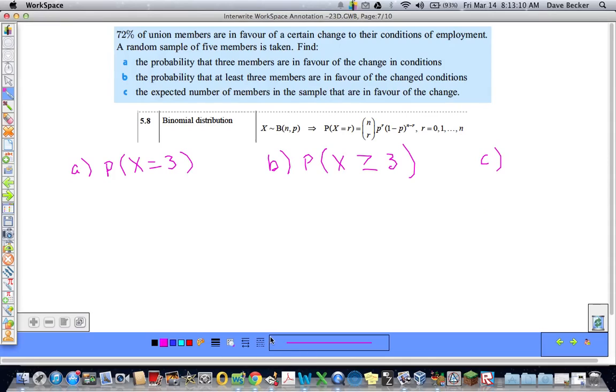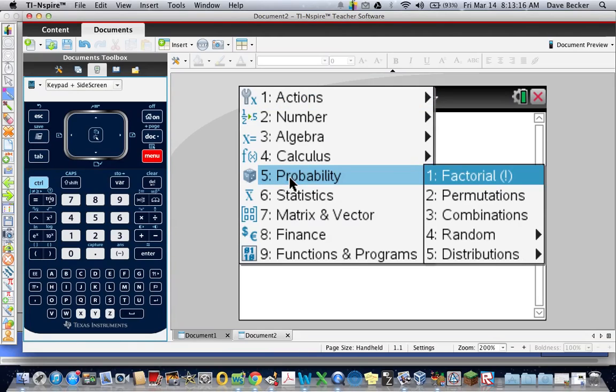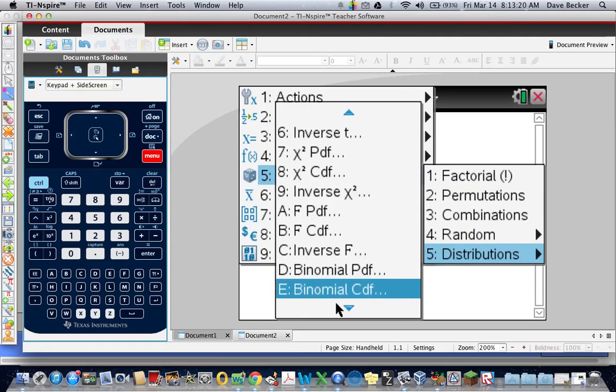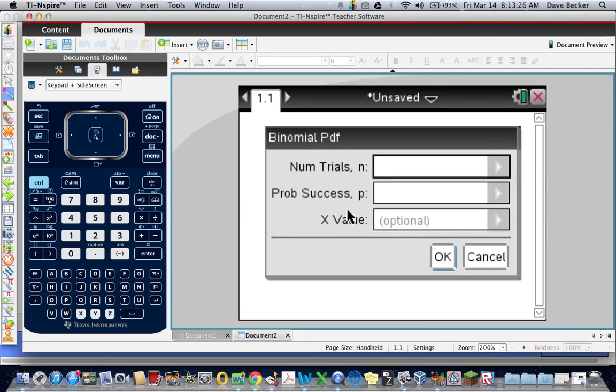So, to the calculator. Menu, probability, distributions. Specific, we're going to use PDF. Number of trials: what's the random sample? We took 5.